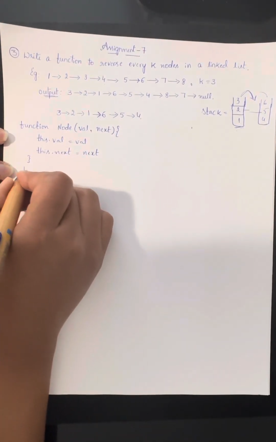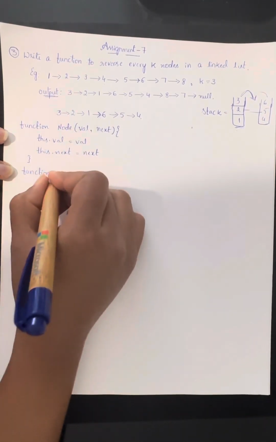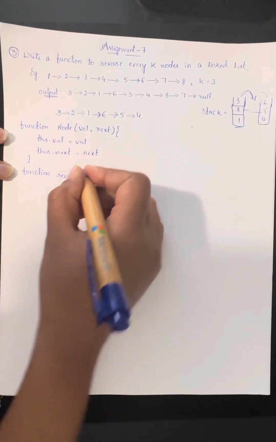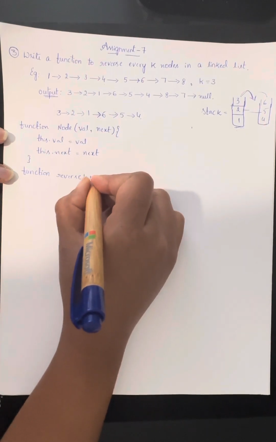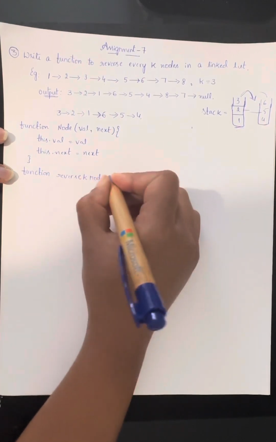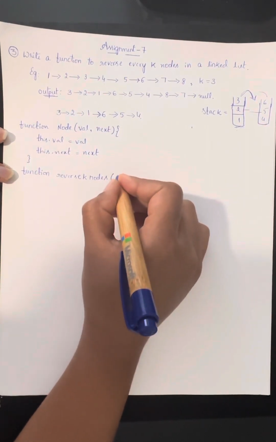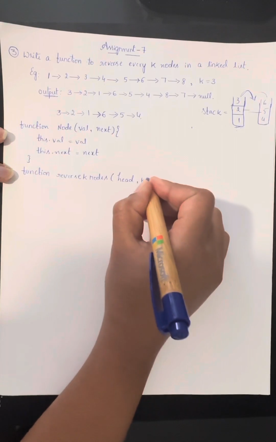Now let's write a function for reversing the nodes. Function reverseKNodes. The input for this function is the head of a list and k.